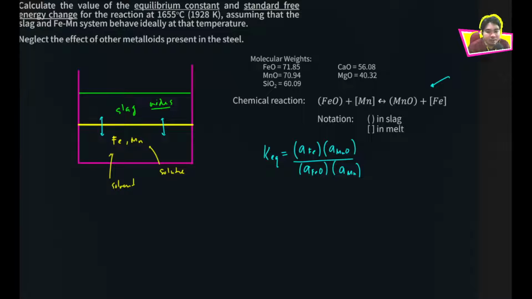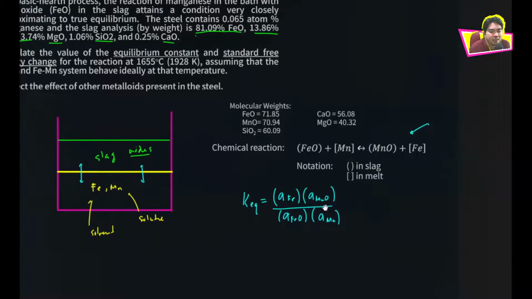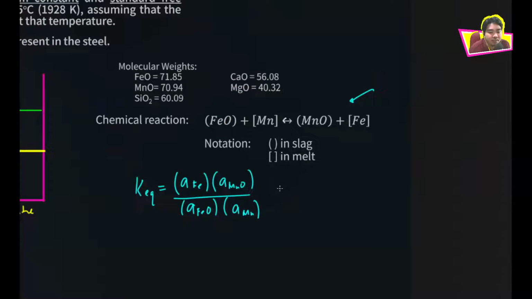Now that we have this, then we can use the fact that because we already established na it behaves ideally, no? So pwede natin sabihin na yung activities na to equal lang sa molar fraction ng mga species na to. So we have Fe, molar fraction yan, molar fraction ni MnO, molar fraction ni FeO, and lastly, yung molar fraction ni Mn.